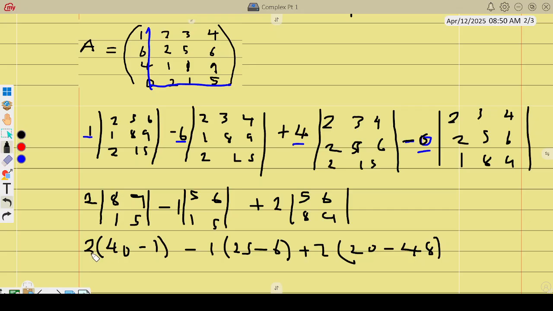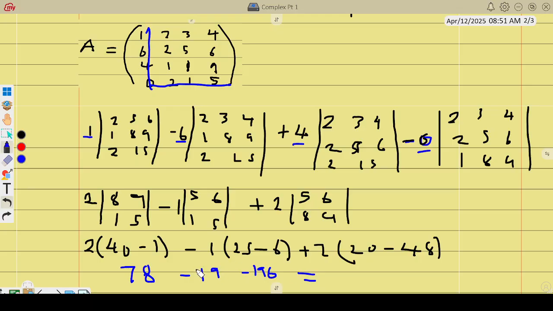And then you simplify these further, where you say 40 minus 1 is 39, and then 39 times 2, you get your answer to be 78, minus 25 times 25 minus 6, it is 19, and then 19 times negative 1, we have a minus 19, and then 20 minus 48, we're going to have negative 28, and then negative 28 times 7 outside, you get negative 196.